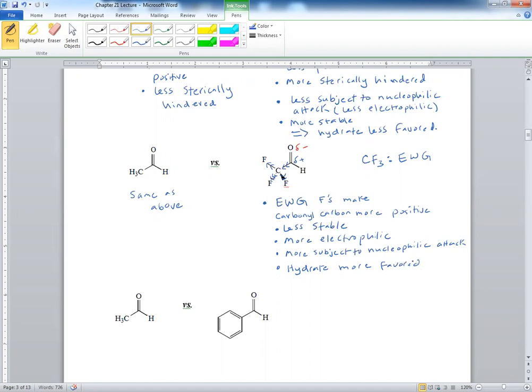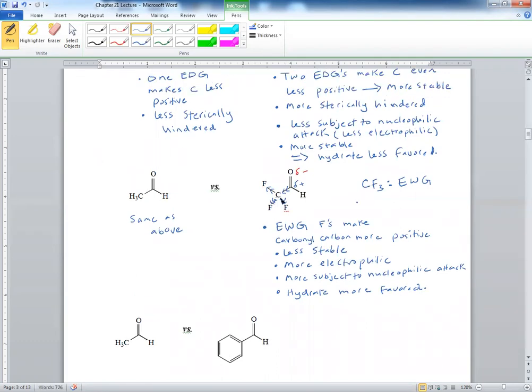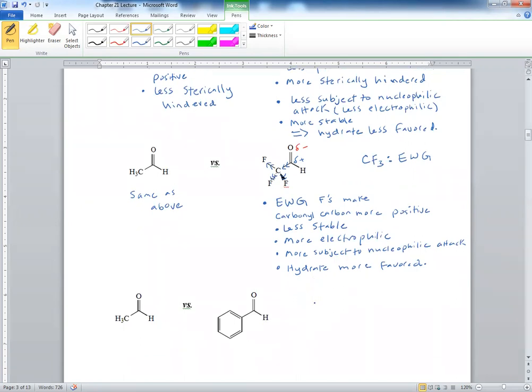So once again, we're going from the concept that we are looking for factors that make the aldehyde or the ketone, whatever you're beginning with, less stable so that the hydrate would be more favored. Because remember, you're trying to achieve more stability. So if the carbonyl carbon is less stable, it's more electrophilic, and then the attack will take place in equilibrium.